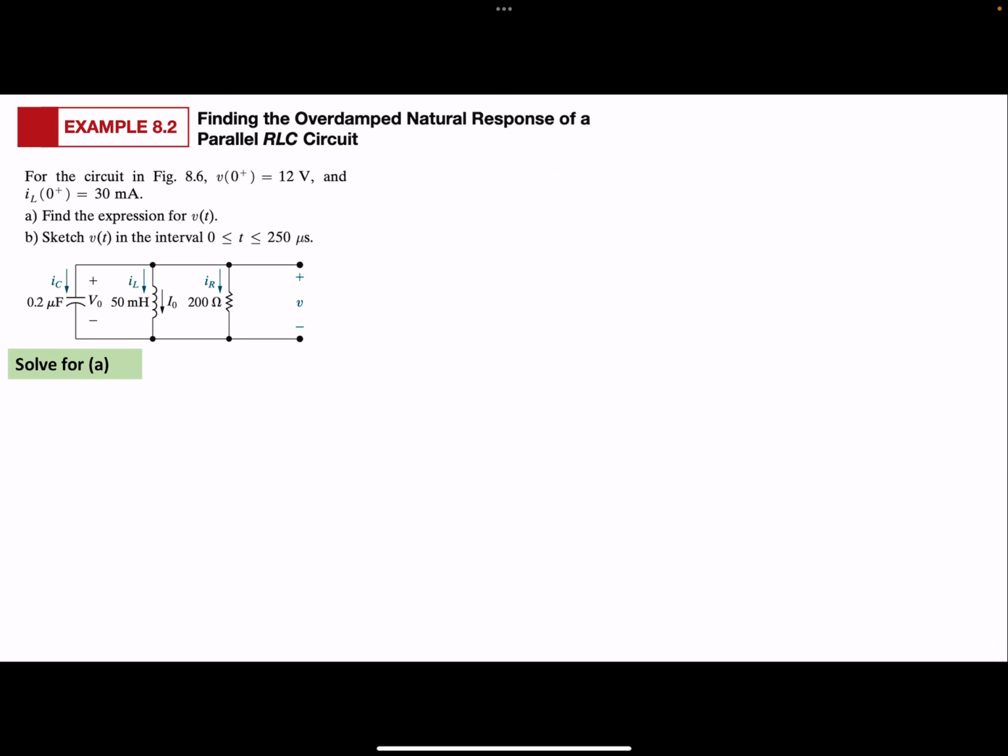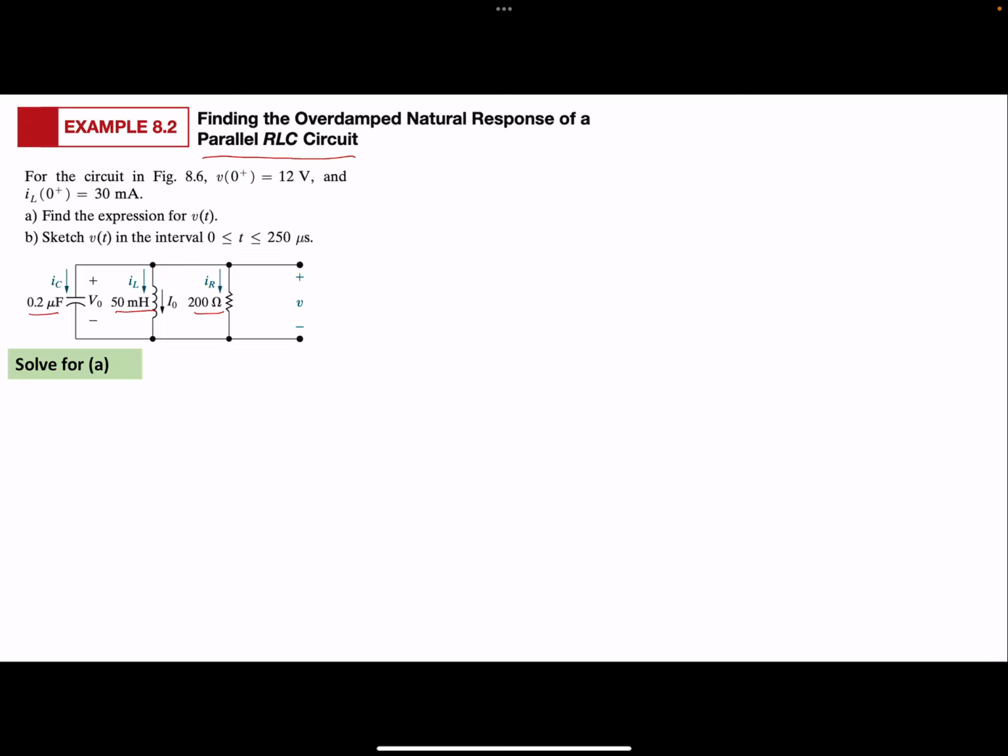Today we're going to do a couple of example problems based on the overdamped natural response. Okay, so here's the circuit. Again, this is a parallel RLC circuit. I can see my resistance, my inductance, my capacitance. This is exactly the circuit that we have been trying to derive equations for.